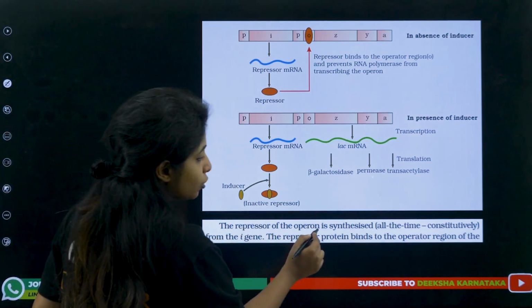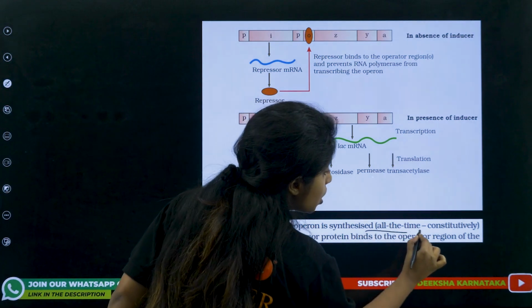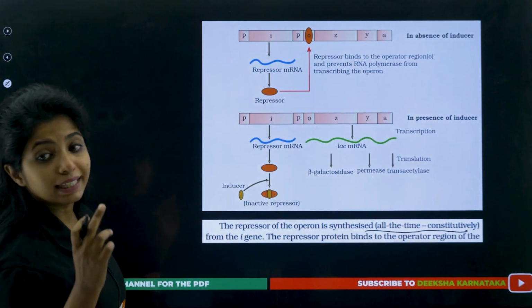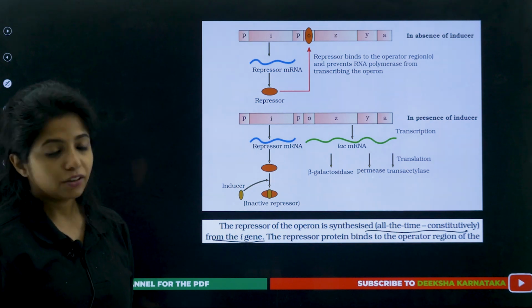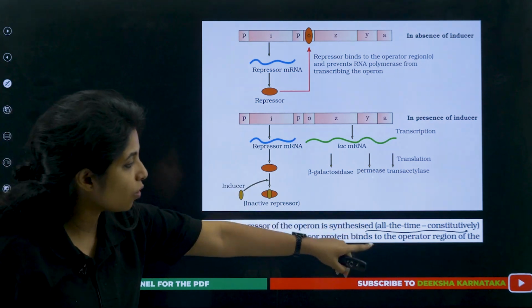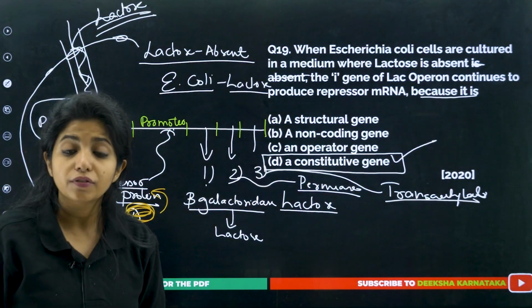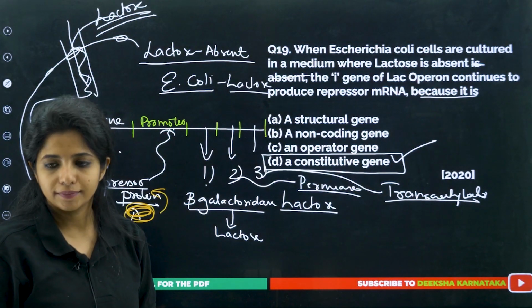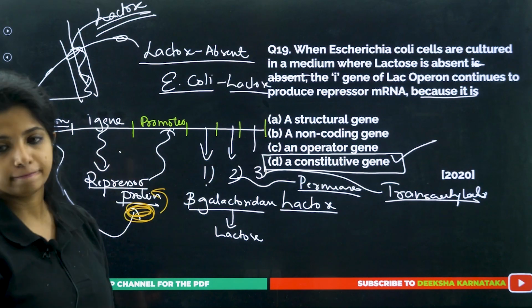Read it carefully: the repressor of the operon is synthesized all the time constitutively from the I gene. You get it? The repressor is formed constitutively all the time, which is why I call this a constitutive gene, my dear children. It's very important, you have to remember it.